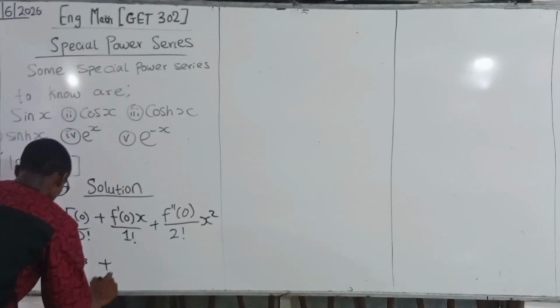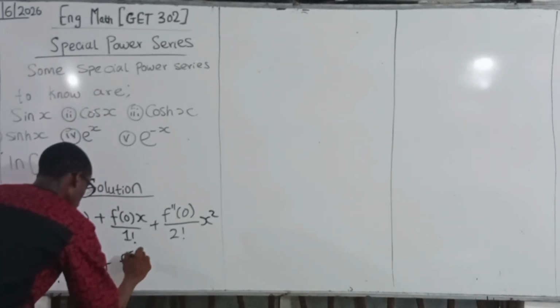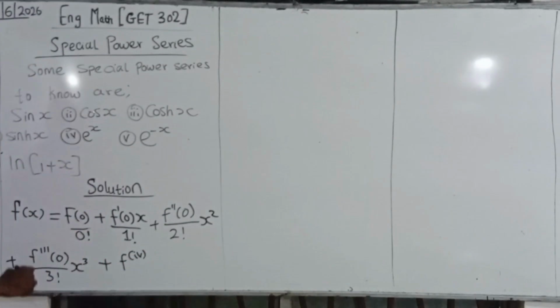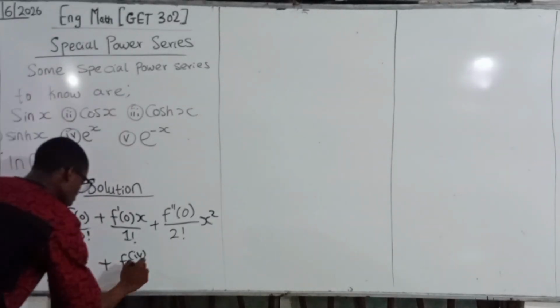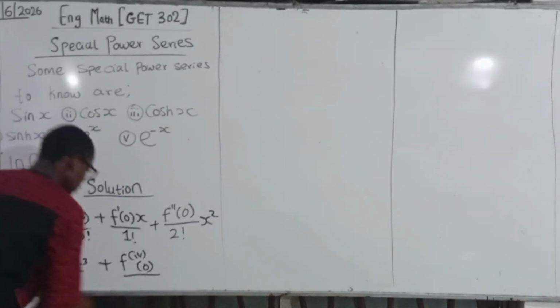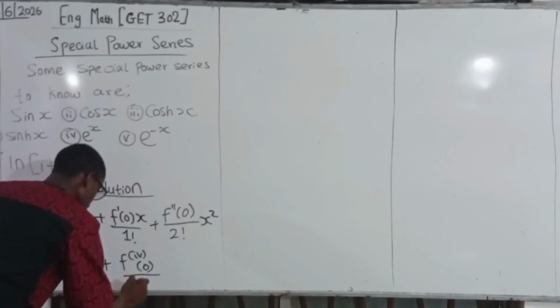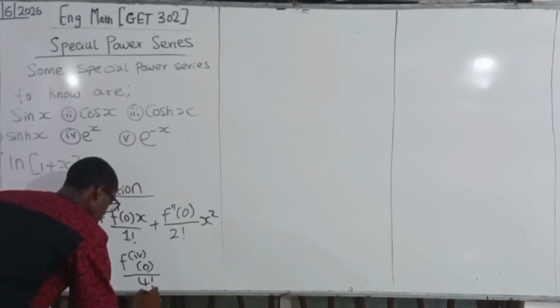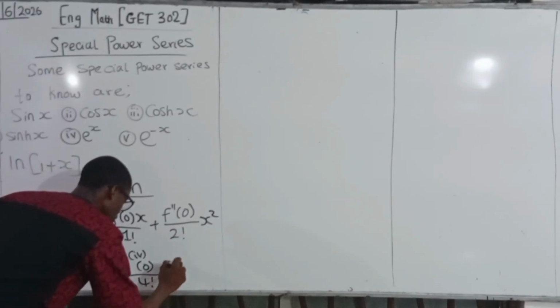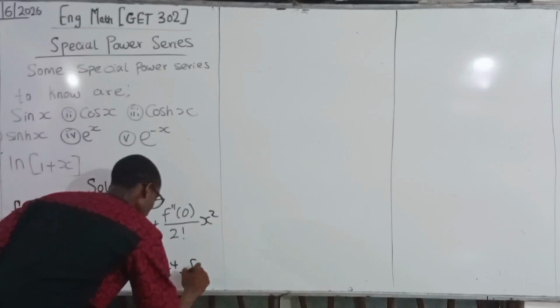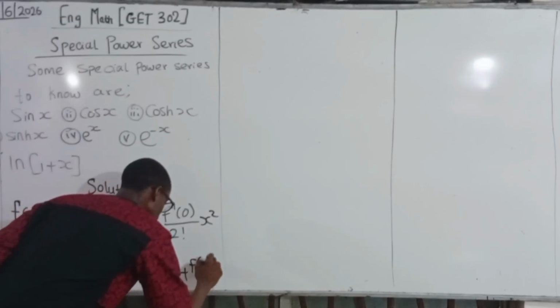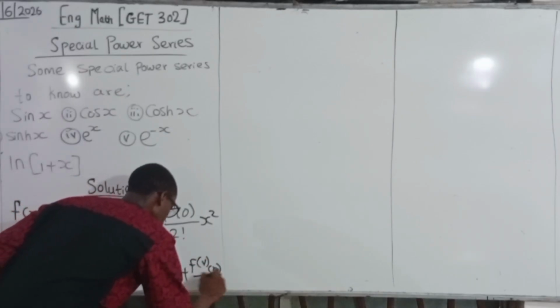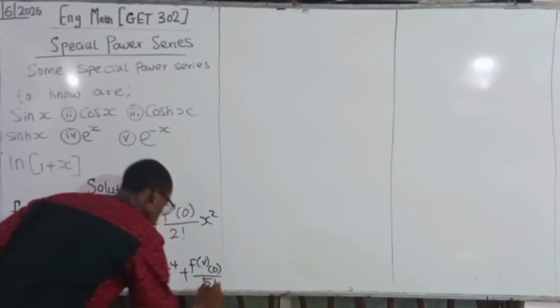Then plus f fourth derivative of 0 all over 4 factorial x raised to the power 4, plus f fifth derivative of 0 all over 5 factorial.